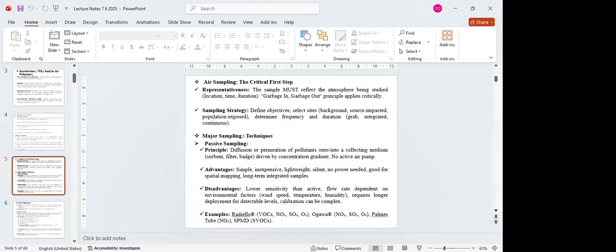Now, take this same scenario to North Bank Market. For those who know North Bank Market, they don't have such a slaughterhouse there. But there's an abattoir, of course, but it's not as intense as that of New Bridge. So you may not even discover or sample for sulfur. So these are some of the things that you need to know.